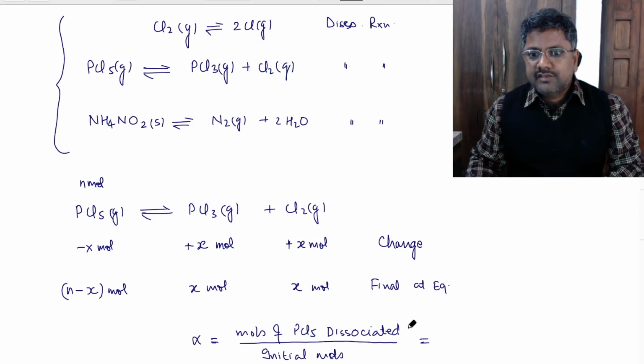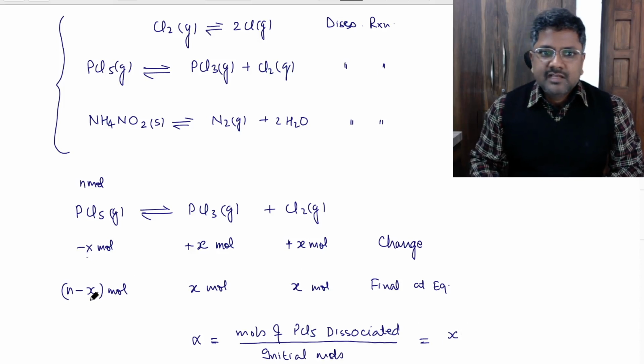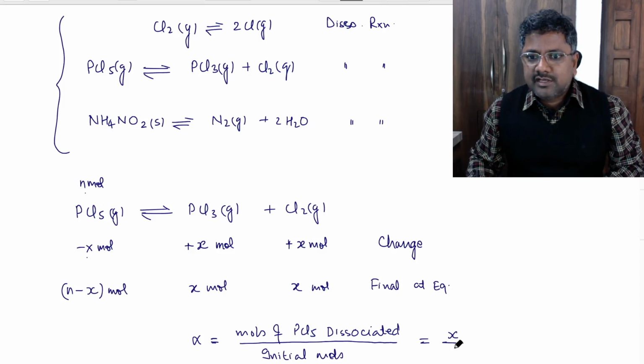So from the equation, how many moles are dissociated? X moles. And what is the initial moles taken? N. So X by N. Right. So this is what?